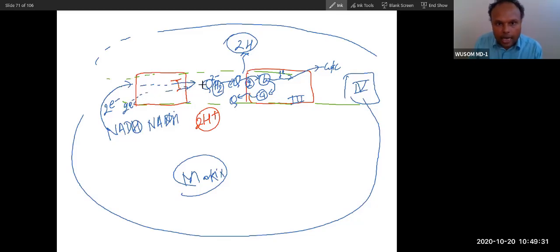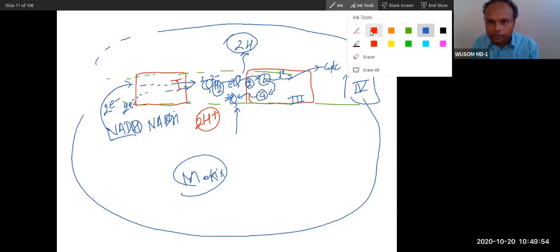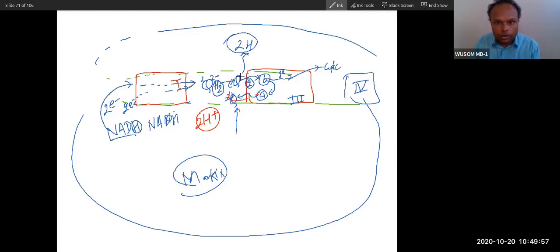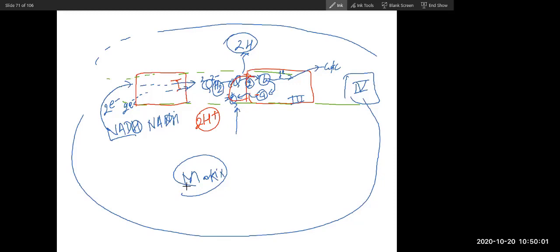The coenzyme Q will receive electrons, the first electron from the first pathway, first NADH, and the second electron from the second NADH. So it will now also have 2 electrons, so it will draw proton, and again it will reach here. Do you think it is making a cycle? Yes, sir. This is called Q cycle.